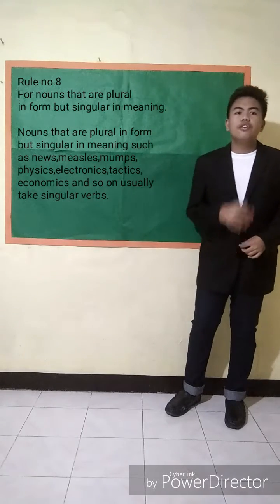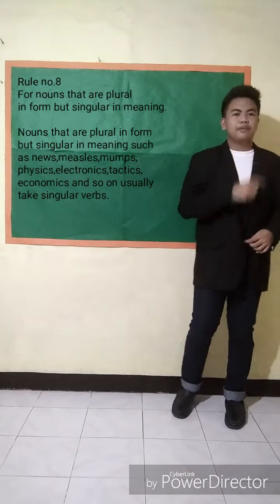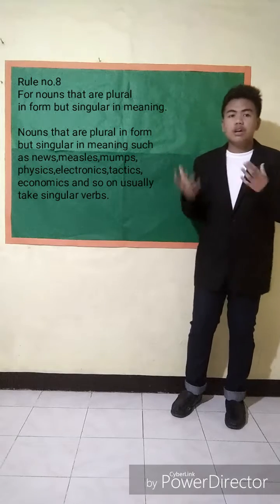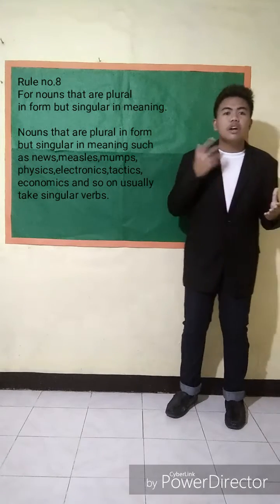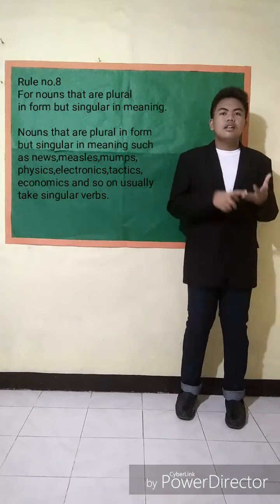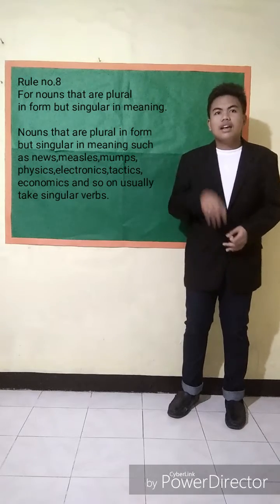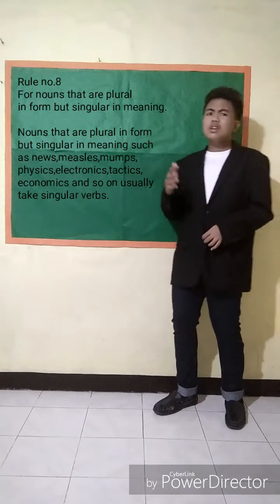On rule number 8, for nouns that are plural in form but singular in meaning. Nouns that are plural in form but singular in meaning, such as news, measles, mumps, physics, electronics, statistics, economics, and so on, usually take singular verbs.